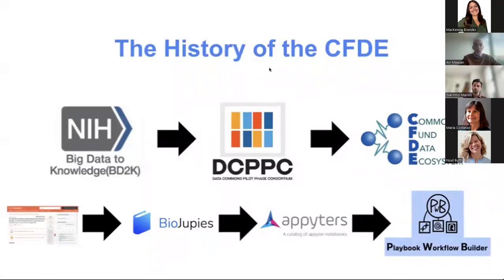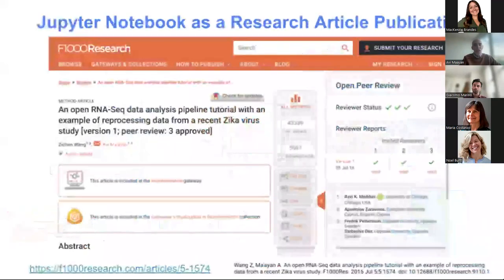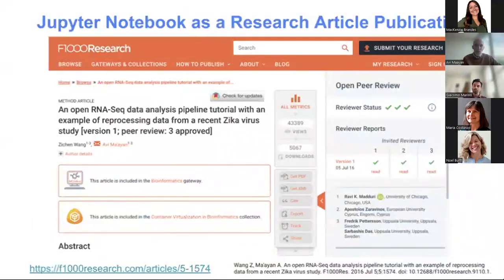And we have this sort of timeline of publishing those different tools that have some type of succession, and were developed as we improved our understanding of how to solve those issues. So in 2016, we published this paper that is actually a Jupyter notebook, in this journal called F1000Research.